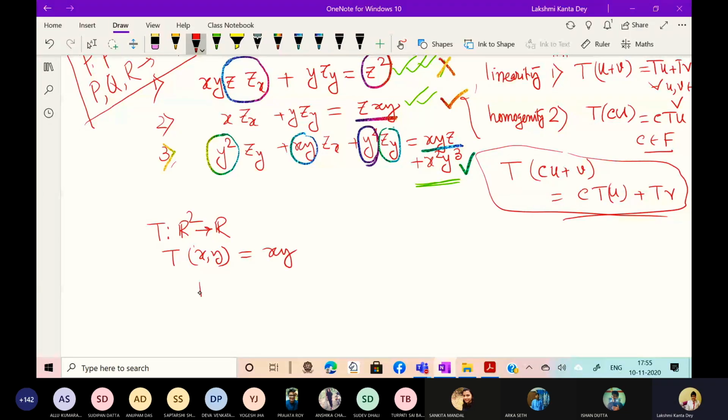I choose two elements and check the linearity condition, T of (x1, y1) plus (x2, y2). This is how the addition is done: first component x1 plus x2, second y1 plus y2.